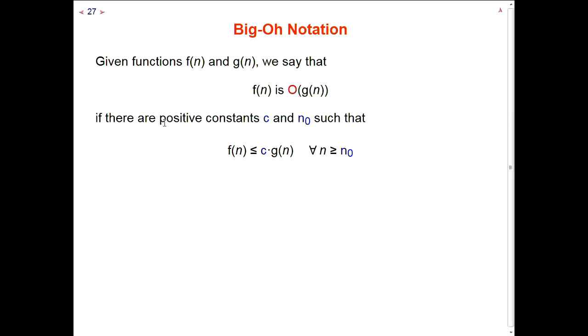This holds if there are positive constants c and n0, so that from a certain size of input on, it will always be the case that f(n) is bound by g(n). Not directly bound by g(n), but by a constant factor.